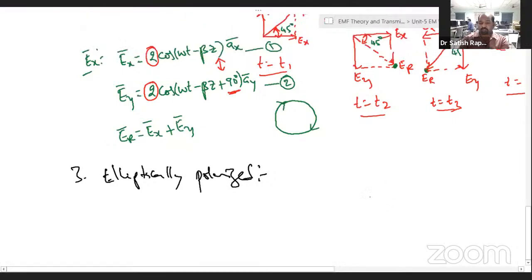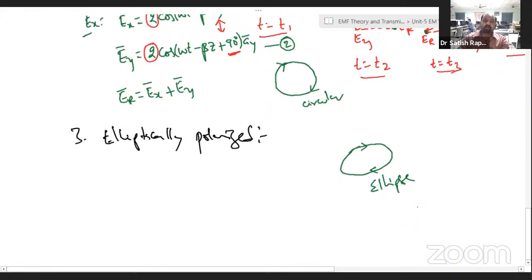For example, this is the electric field orientation, the electric field is in elliptical shape. So this is circular, and this is an ellipse. When the electric field is moving elliptically, it is called elliptically polarized, right?